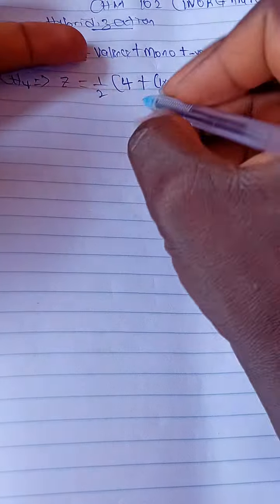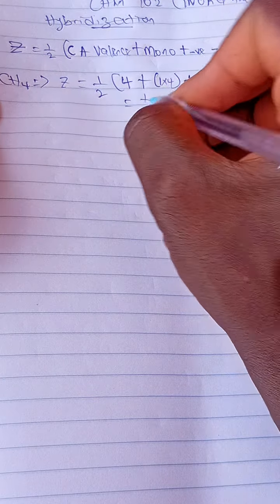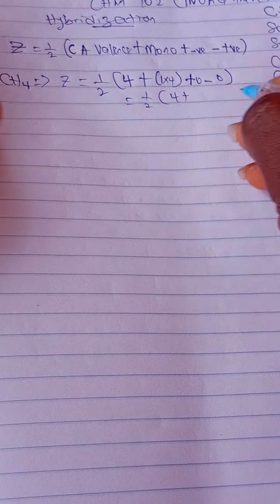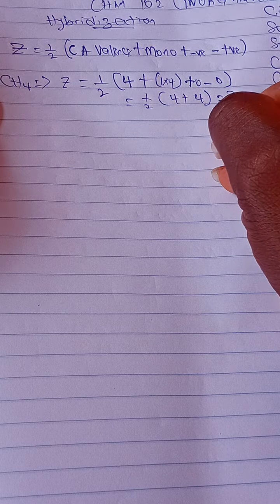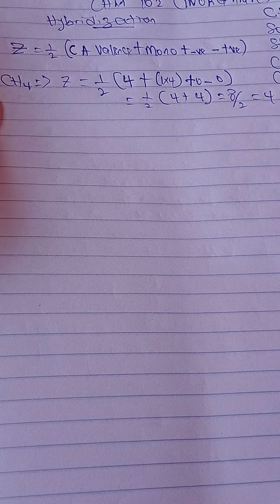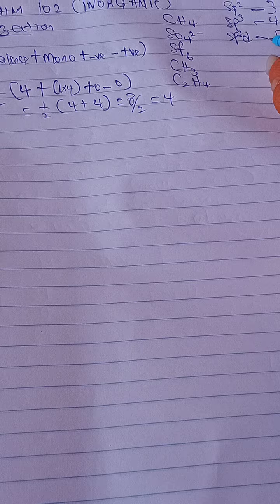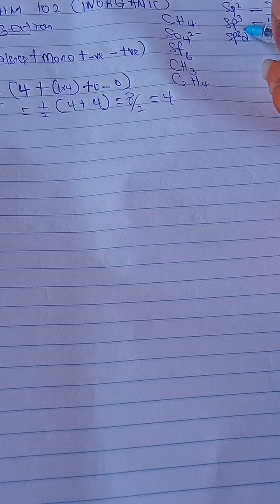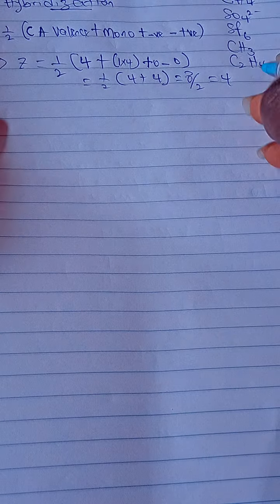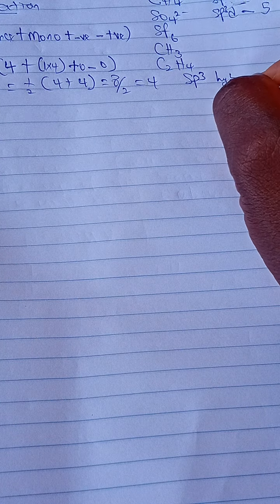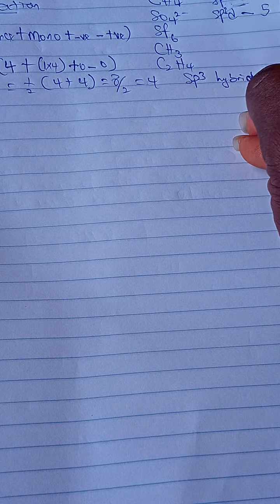So at the end of the day, it's going to give us 1 over 2 into 4 plus 4, which is 8 over 2, which is 4. What's 4? That's sp3 hybridized. So here we have sp3 hybridization for CH4.